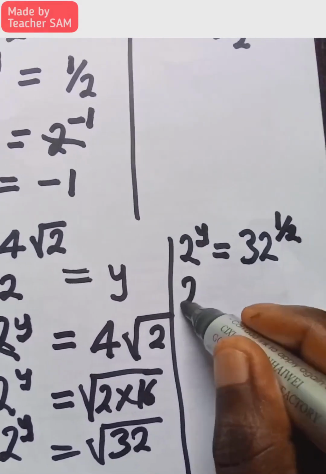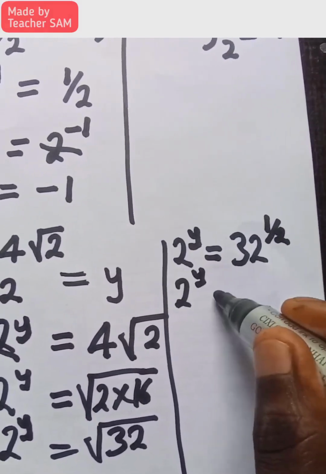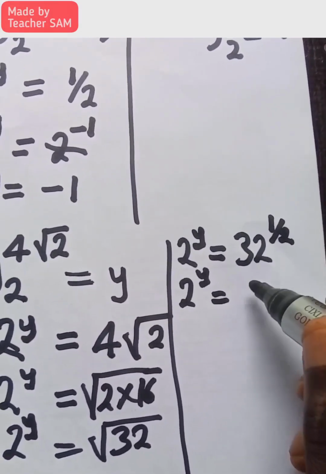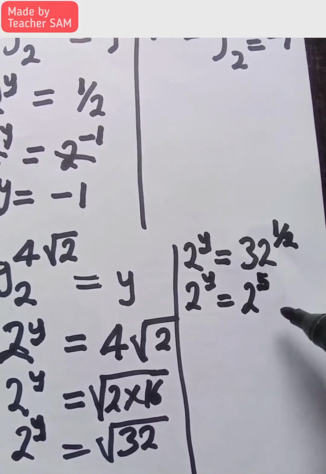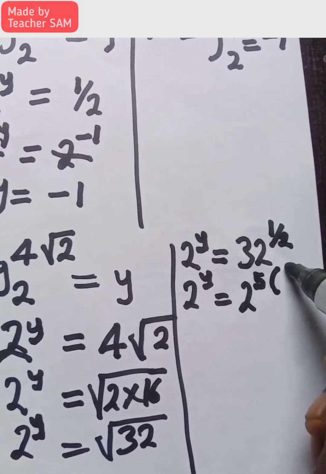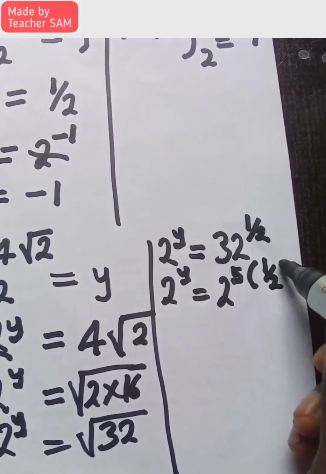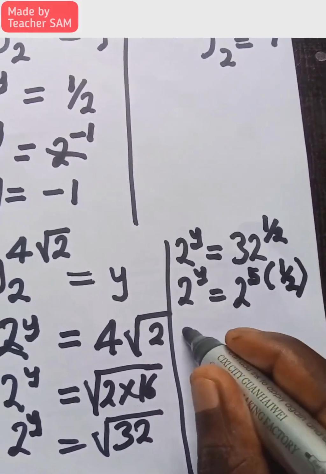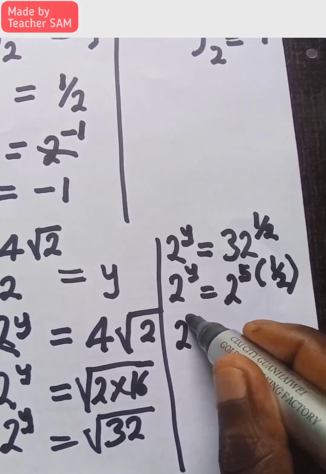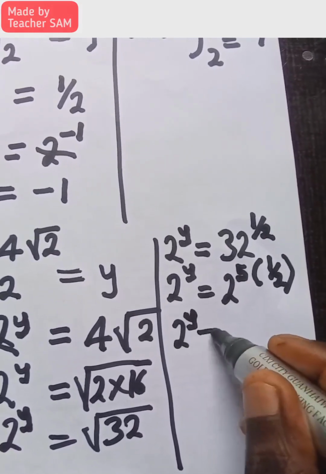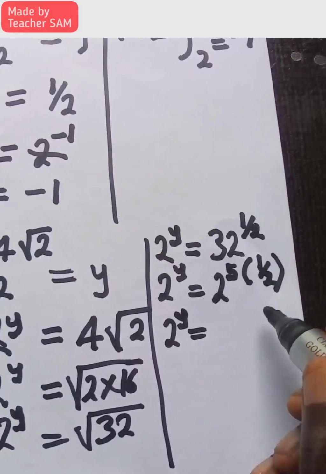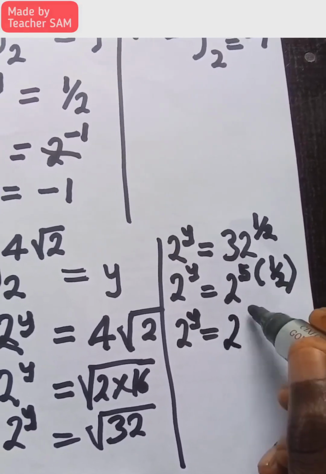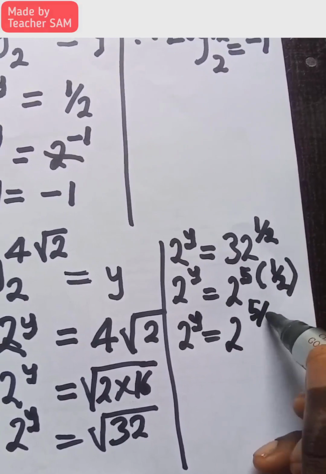Now we move on. 2 raised to power y is equals to, 32 is the same thing as 2 raised to power 5, then multiplied by 1 over 2, that is out there. Now 2 raised to power y equals to, multiply this by this, 5 times 1 over 2 will give us 2 raised to power 5 over 2.